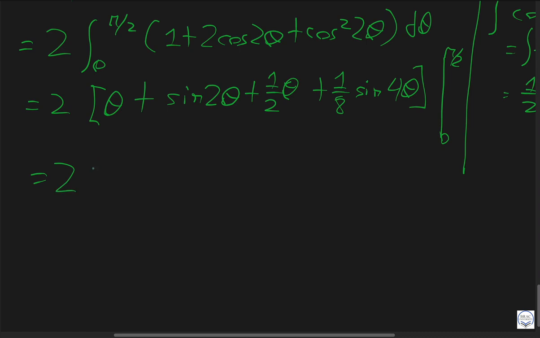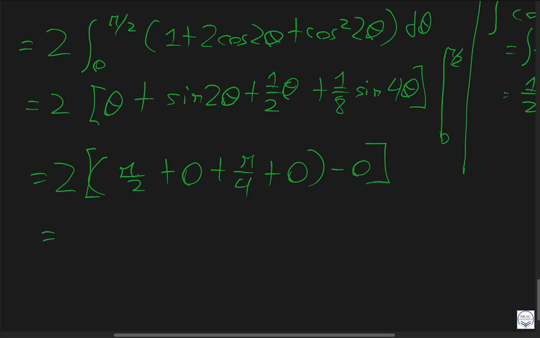So we have pi by 2 plus sine of twice pi by 2, which is sine pi, which is 0, and half into pi by 2 is pi by 4, plus again pi by 2 into 4 is twice pi, and sine of twice pi is 0. Next, if we put 0, all of them will become 0, so we have minus 0, which doesn't really matter. So now we have 3/4 of pi into 2. This is nothing but 3 pi over 2. This is our answer.